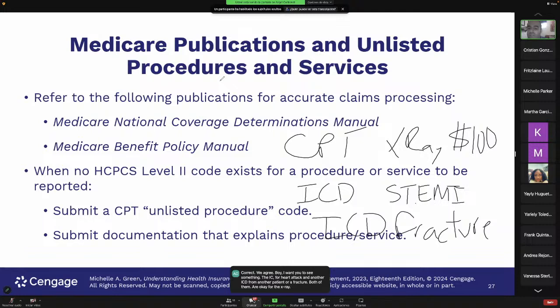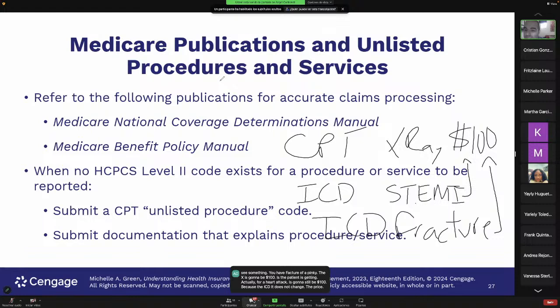But I want you to see something. If a patient has a fracture of a pinky, the X-ray is going to be $100. If the patient is getting an X-ray for a heart attack, it's still going to be $100, because the ICD does not change the price.